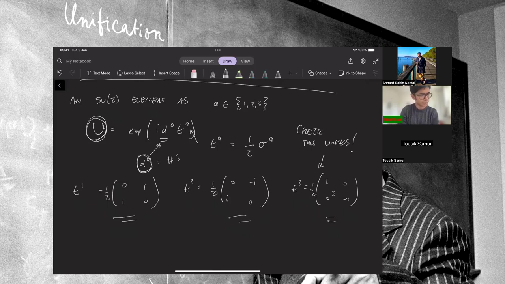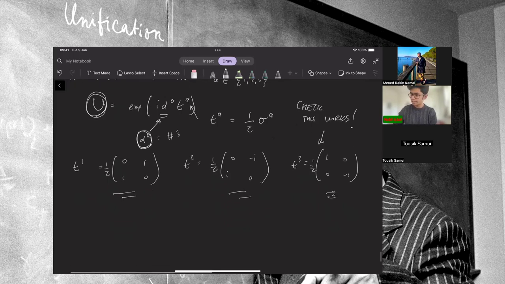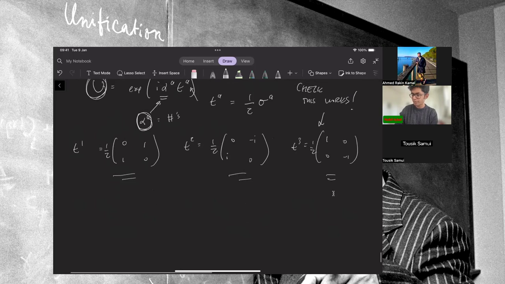Okay. Now, the T's have the following property, which again, you remember from your quantum mechanics class. If you take the commutator of two T's, T^a and T^b, then it's equal to i times f^{abc} T^c, where f is a set of numbers, and in our case, f^{abc} is just epsilon^{abc}, where this epsilon is the totally antisymmetric Levi-Civita symbol.